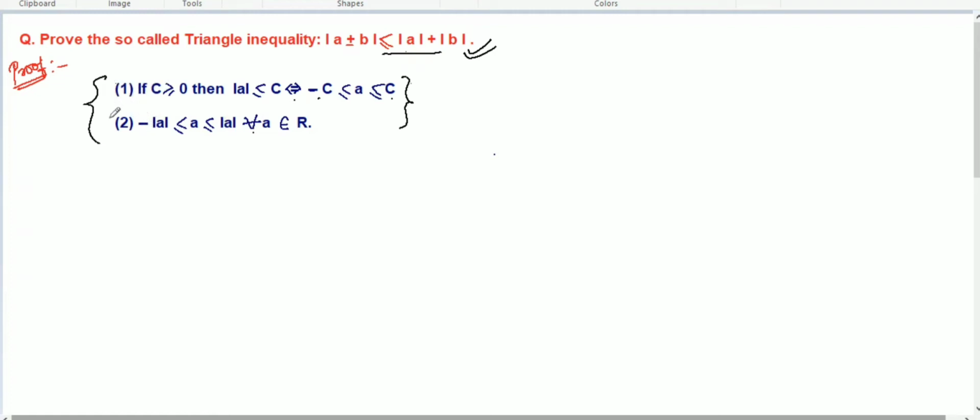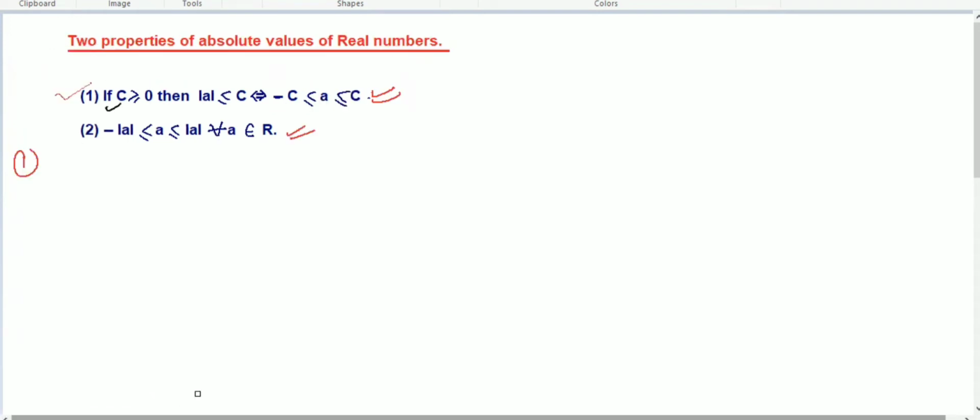We are going to use these two properties to prove the triangle inequality. But before I start proving the triangle inequality, let's understand these two properties of the absolute value of a real number first. Then we will come back here and prove the triangle inequality.